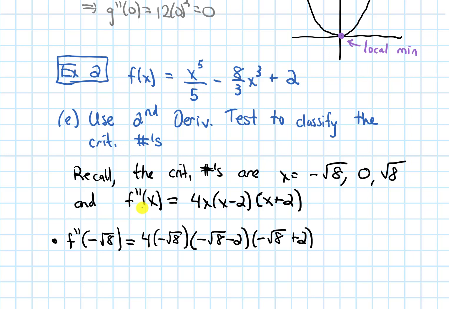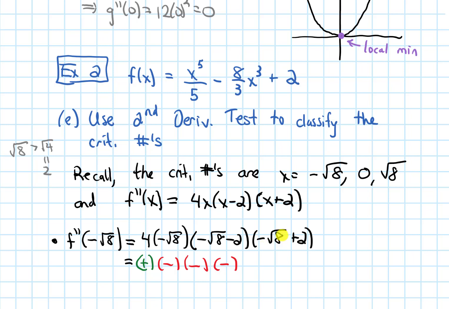Okay, so the 4 is definitely a positive number. The negative root 8 is definitely negative. Negative root 8 minus 2 is definitely negative. For negative root 8 plus 2, this one might be a little trickier, but it turns out it is negative, because root 8 is bigger than root 4, and root 4 is 2.